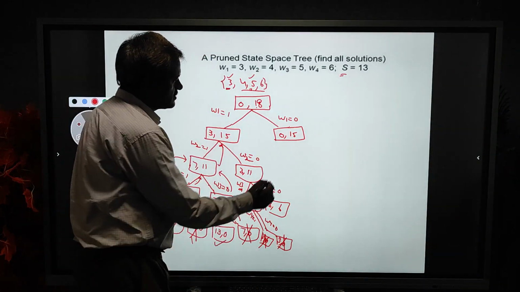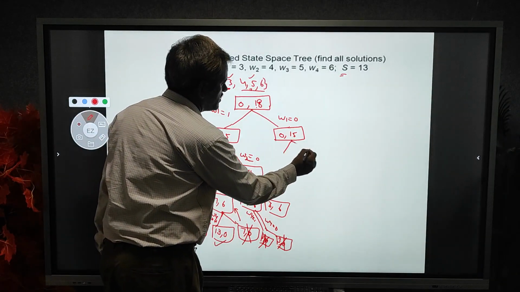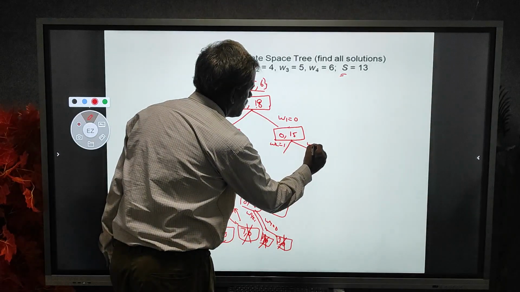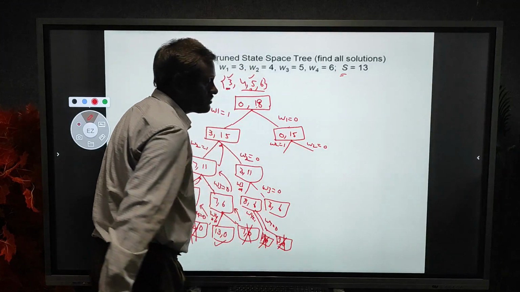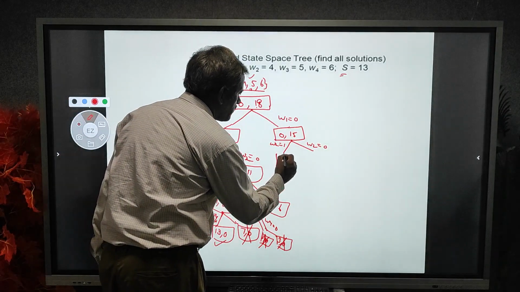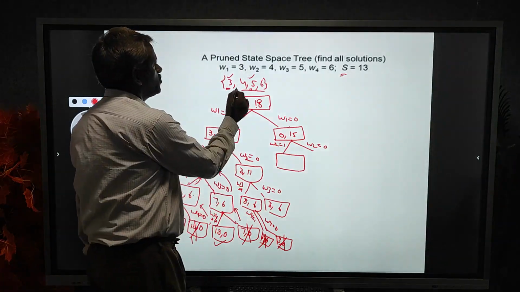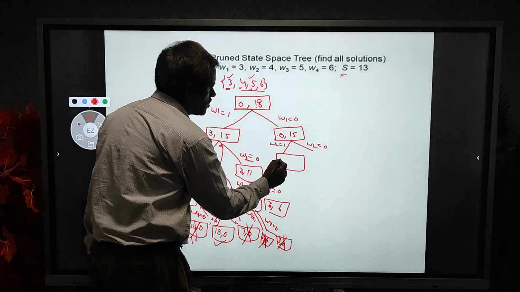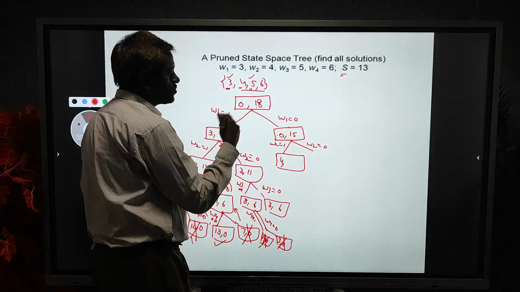Okay, again in this, I am going to consider W1 equal to 1, W1 equal to 0. Now check out. As per W2, if I am going to consider 0 plus, what is W2? That is 4. So 0 plus 4 is going to be 4. And what remains to be considered?